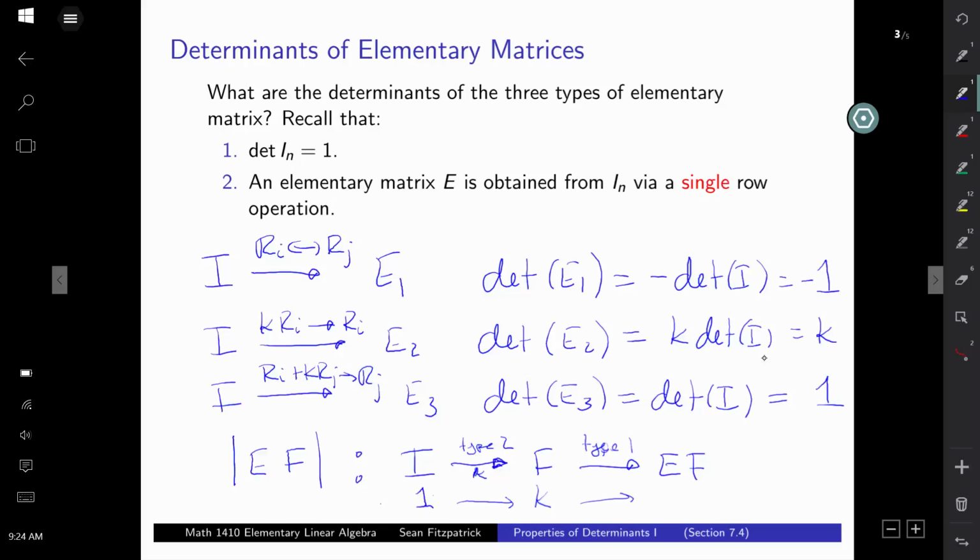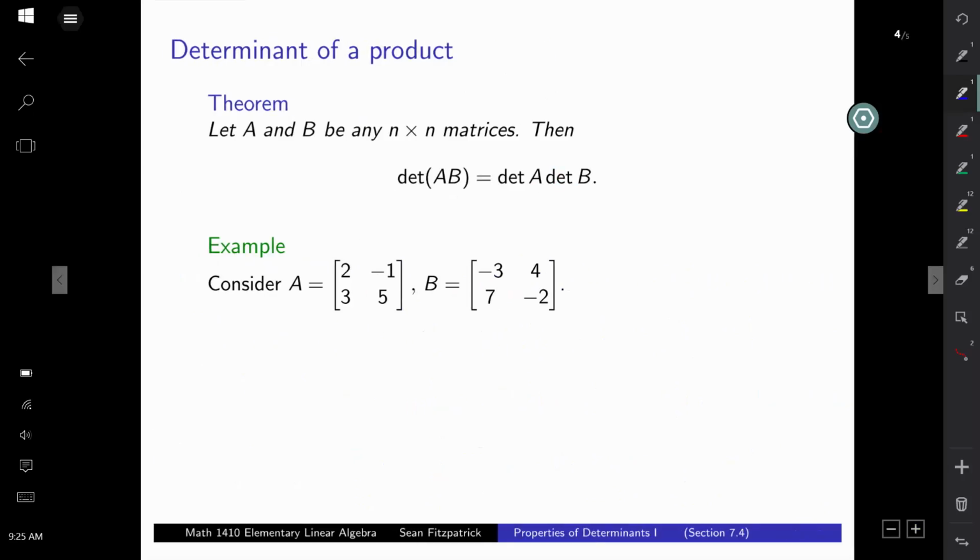So exchanging two rows, and then I would know that changes the sign, so I would get down to minus K, which is minus 1 times K. And what is minus 1 times K? This is the determinant of E times the determinant of F, right? And you can see that this would work if I did several row operations with several elementary matrices, right? If I had a product of elementary matrices, the determinant of that product is going to be the product of the determinants. And we want to see that this actually works in general, okay?